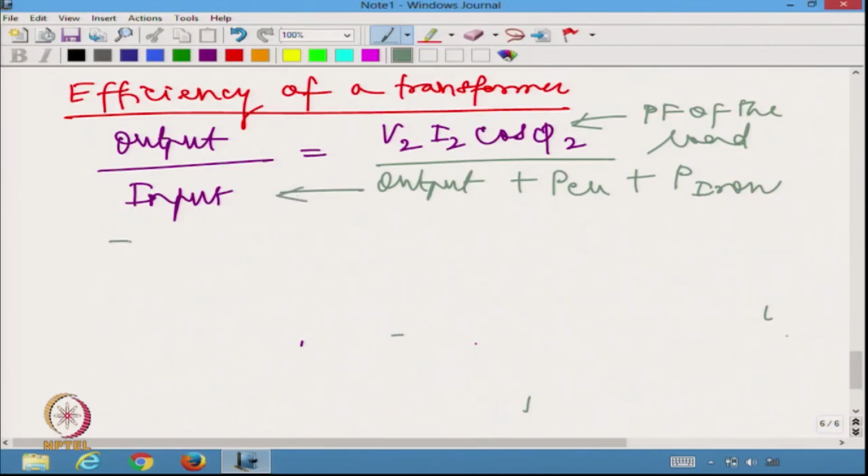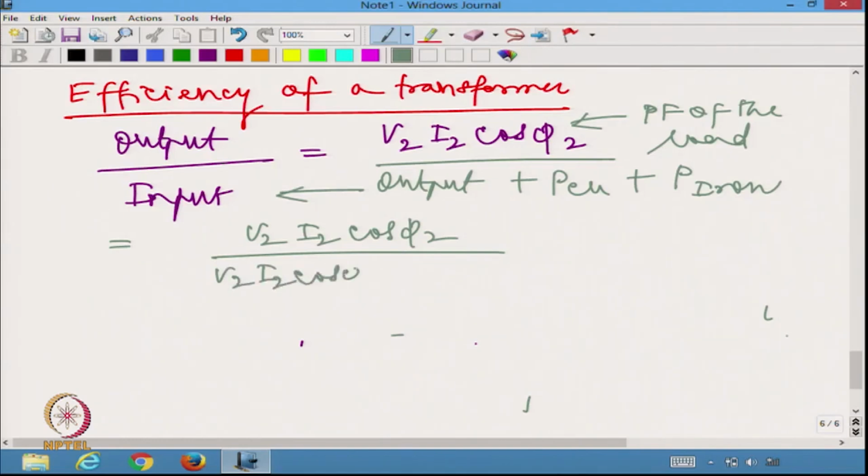So, let me write this as V2 I2 cos phi 2 divided by V2 I2 cos phi 2 plus I2 square R2, that is R1 plus R2, which I may call as R equivalent, plus P iron.